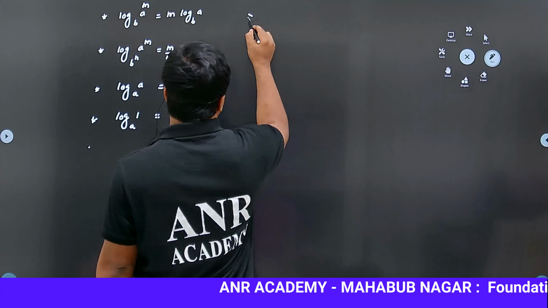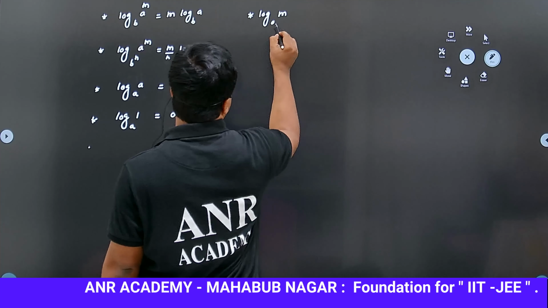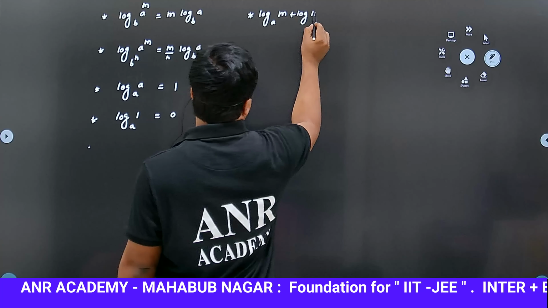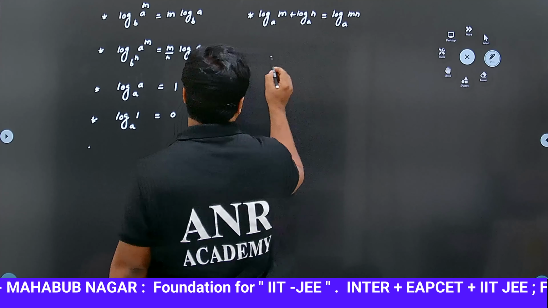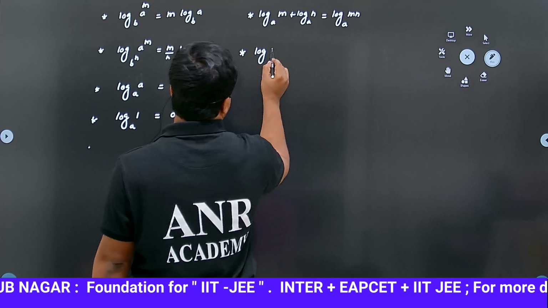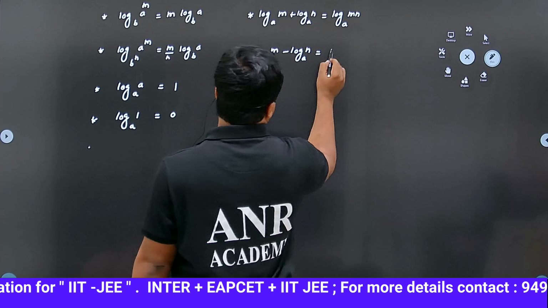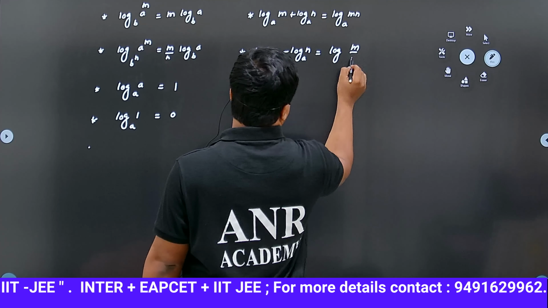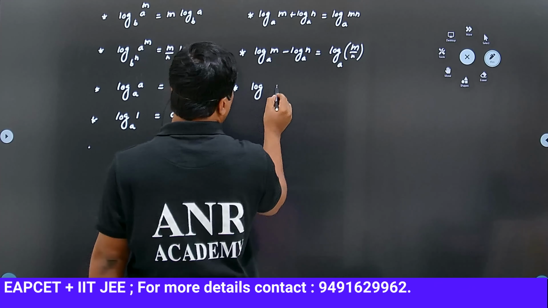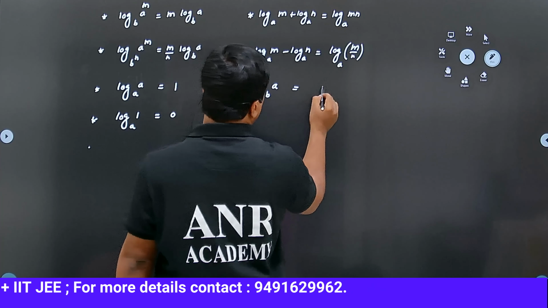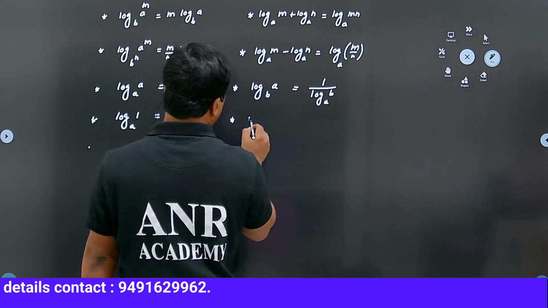Next, log m to the base a plus log n to the base a equals log mn to the base a. Log m base a minus log n base a equals log m by n to the base a. Also, log a to the base b equals 1 by log b base a.